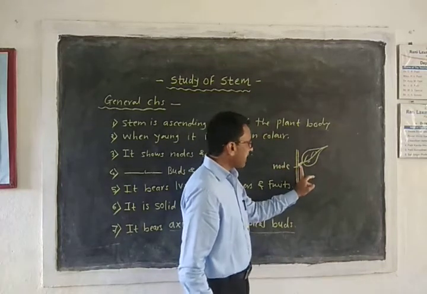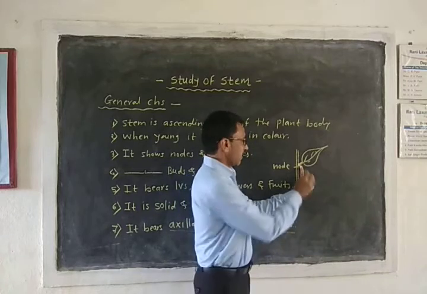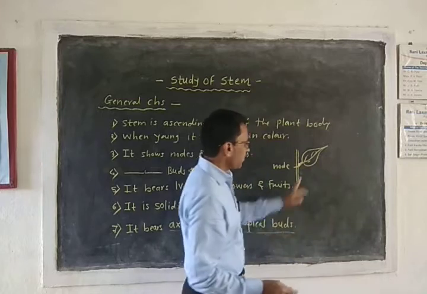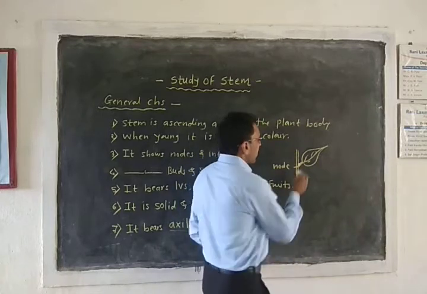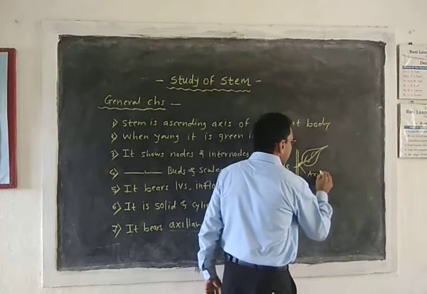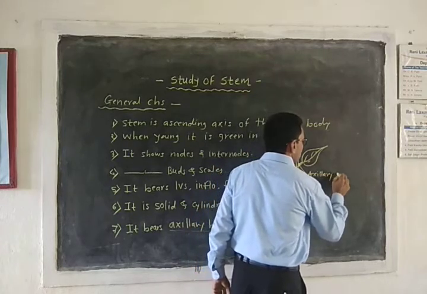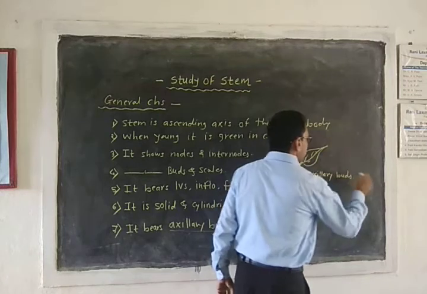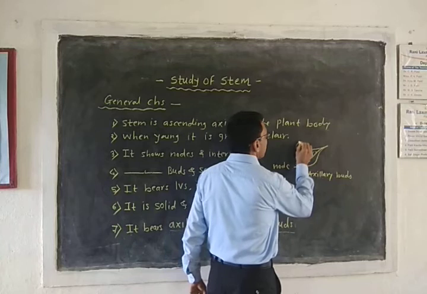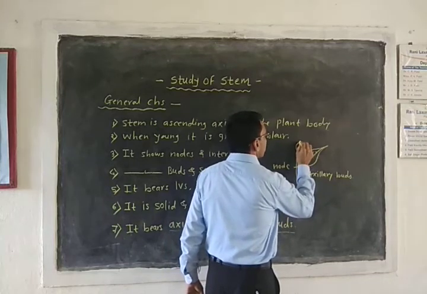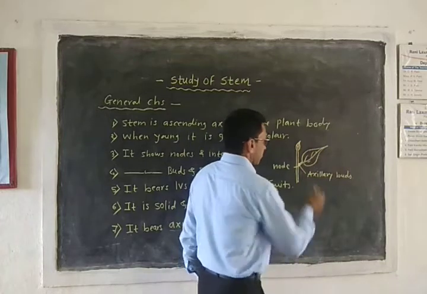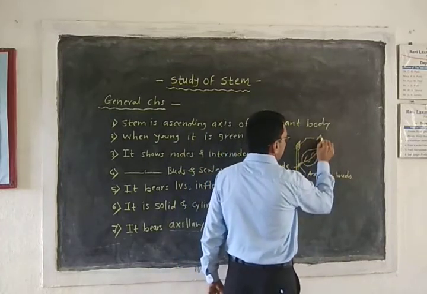In the axil of leaves, there are buds present. Those buds are called axillary buds. And at the apical part of the stem, apical buds are present.